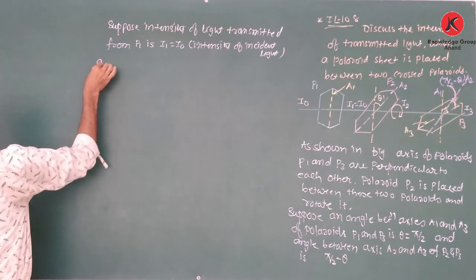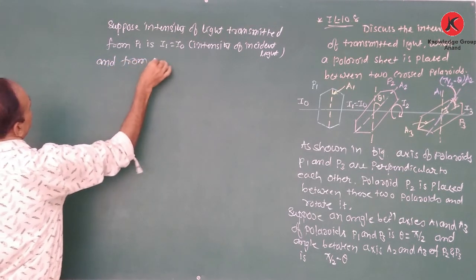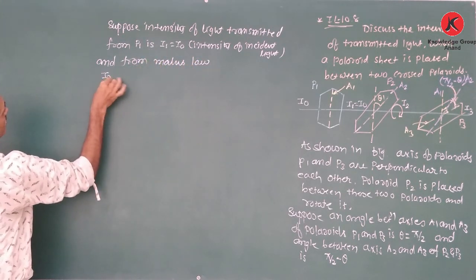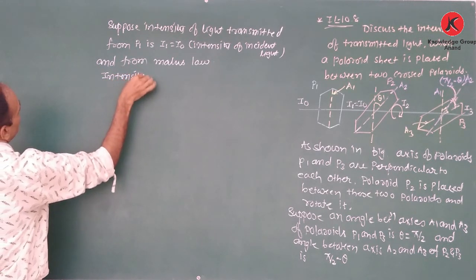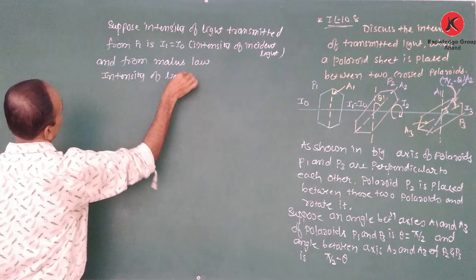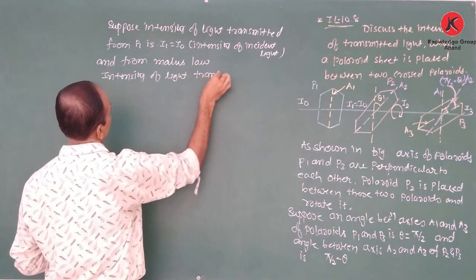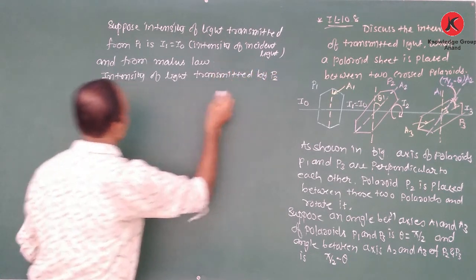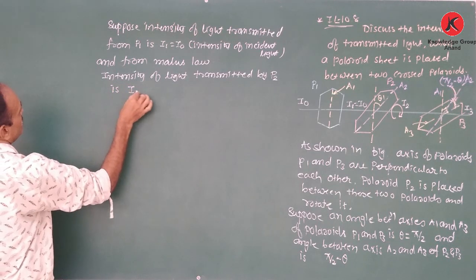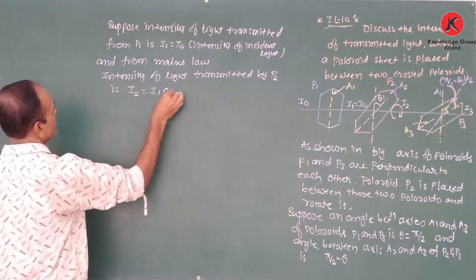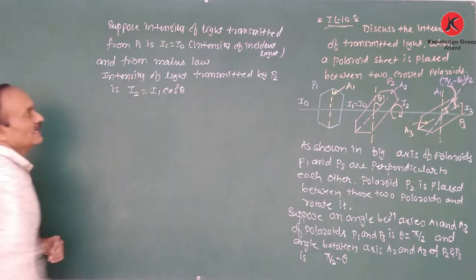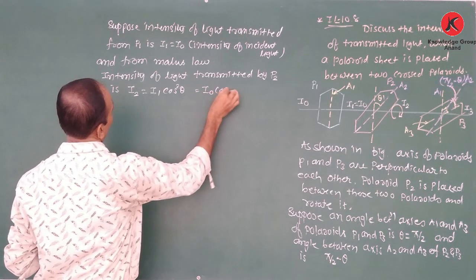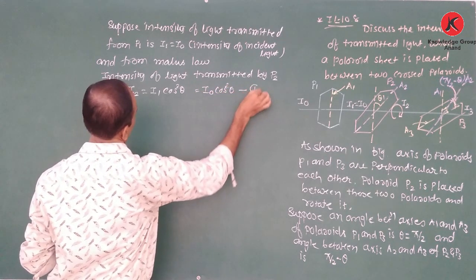And from Malus law, the intensity of light transmitted by P2 is I2 equal to I1 cos square theta. But I1 is equal to I0, so I2 is equal to I0 cos square theta. That is equation 1.